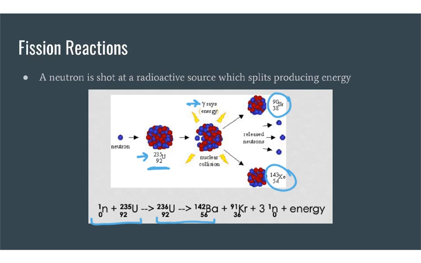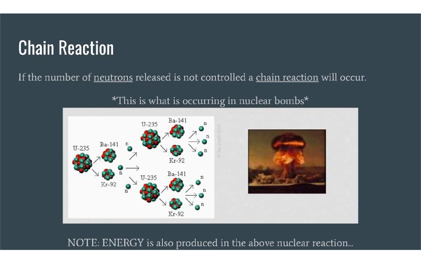But we've used fission reactions historically in a different sense. These neutrons that are being released, if they're not controlled, can cause what's called a chain reaction, which is a series of reactions where each reaction is initiated by the energy of the previous reaction. So energy is also produced, so we need to always remember that.